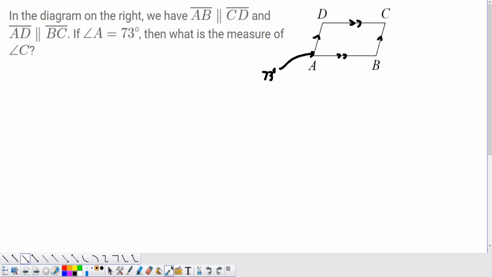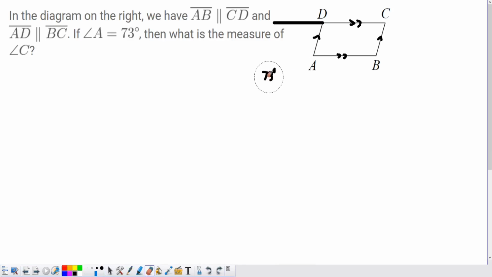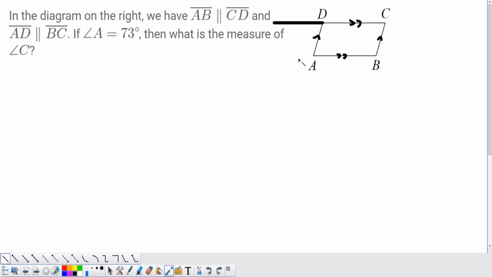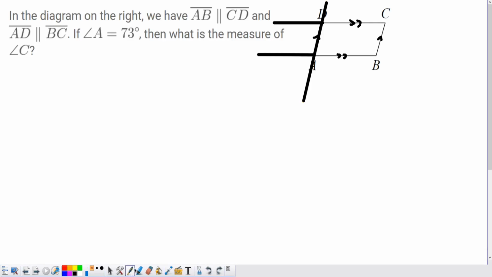So, what I mean by that is, imagine if I were to just extend this line out like that, and extend some of these lines out so that it looks like one of our more traditional parallel line problems. Now, hopefully you don't get lost all up in there, because this is the one that was the 73 degree angle.